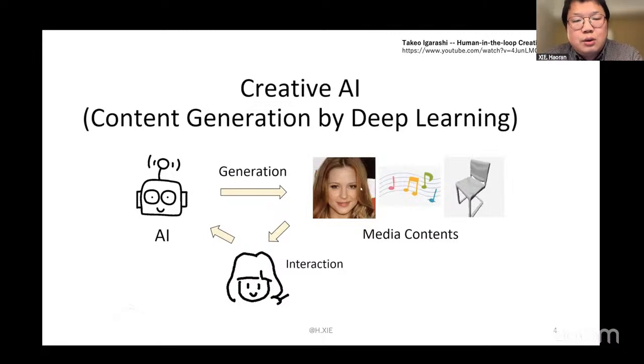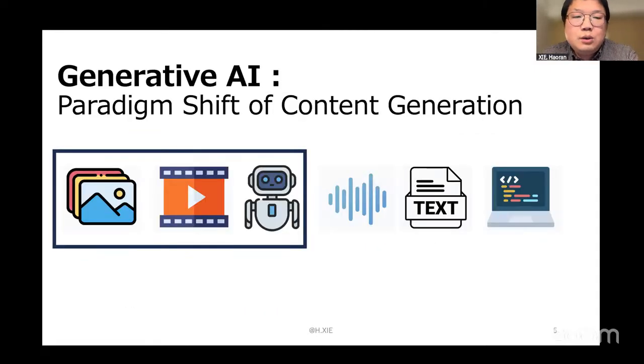So we want to use these generative AI tools to make ourselves more creative. This is definitely a paradigm shift right now for content generation. These are also all the topics in our lab, especially image generation, video generation, and use in robotics.